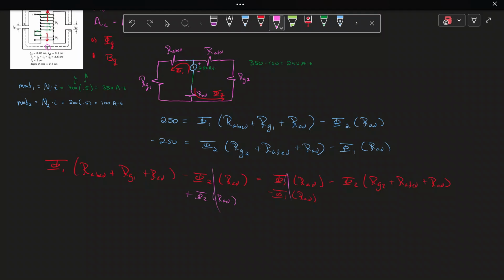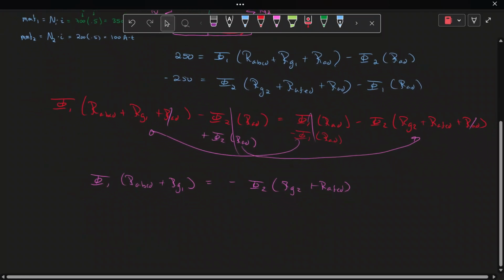So now this cancels, that cancels, but then we subtract this one over here. That means it gets rid of this, and then we add this one over here. We can get rid of this. Hopefully y'all are following. Plus reluctance G1 equals minus flux 2 times reluctance G2 plus reluctance AFED.